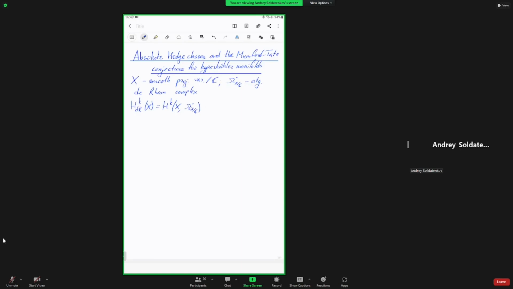But then we can also compare this with other cohomology theories, and there are some natural isomorphisms.